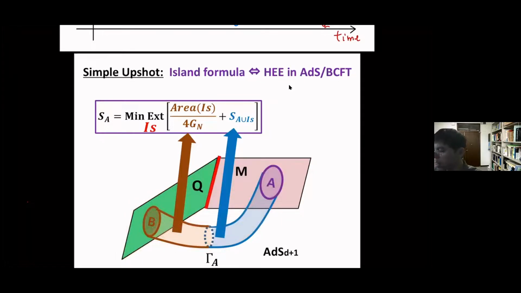So you have to minimize over B also. B is just the same as the island, right? So we have to minimize, and also of course minimize gamma A. We have to minimize both this shape and this ending geometry, and sum over both contributions. But originally both are just a single area.